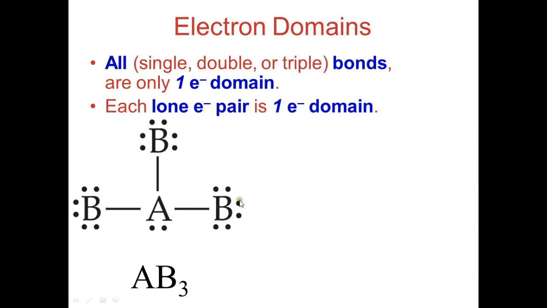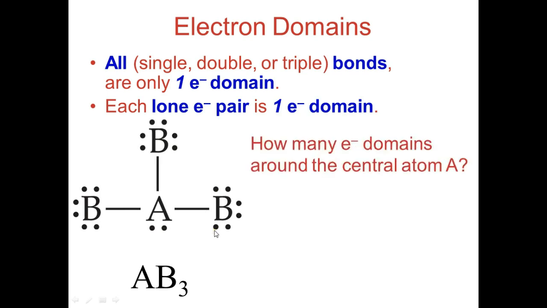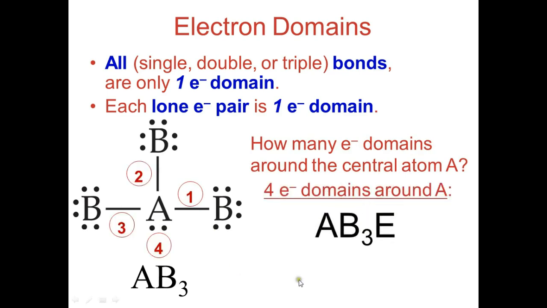Each lone pair of electrons counts as one domain, so each bond counts as one domain, and each lone pair counts as one domain. On this atom, how many domains are there around central atom A? There's 1 bond here, 2 bonds here, 3 bonds, and then there's 1 lone pair, so there's a total of 4 electron domains around atom A. We would write it like this: A, the central atom, B represents bonds, and we have 3 bonds, and then we have a separate variable, E, for lone pair.